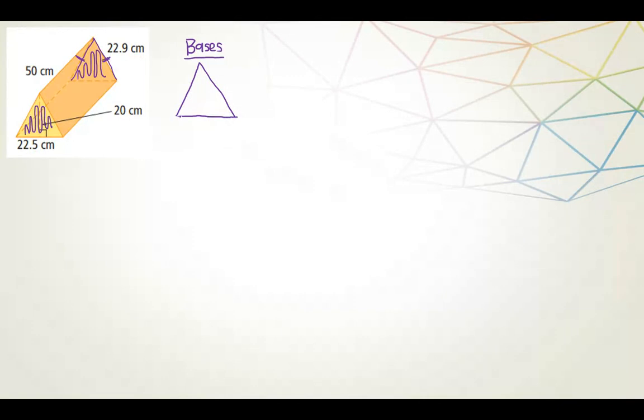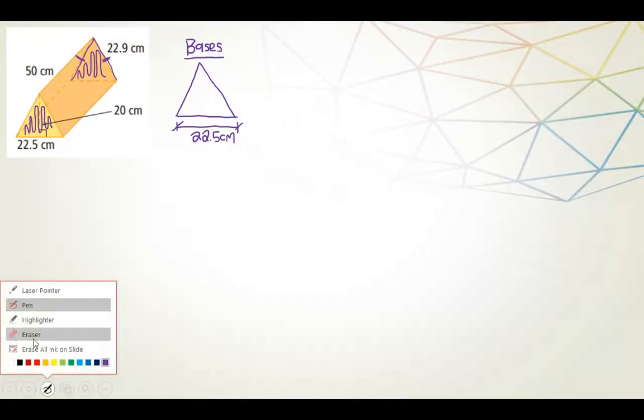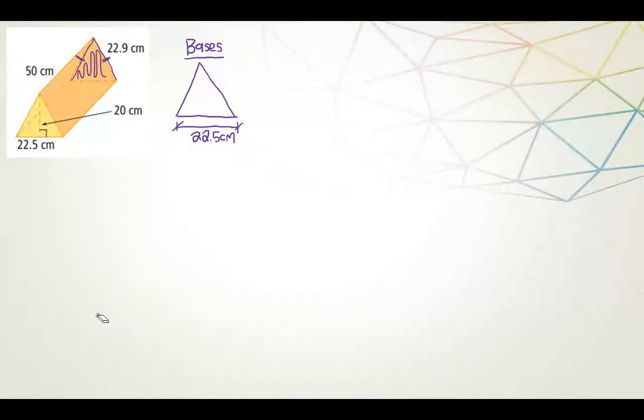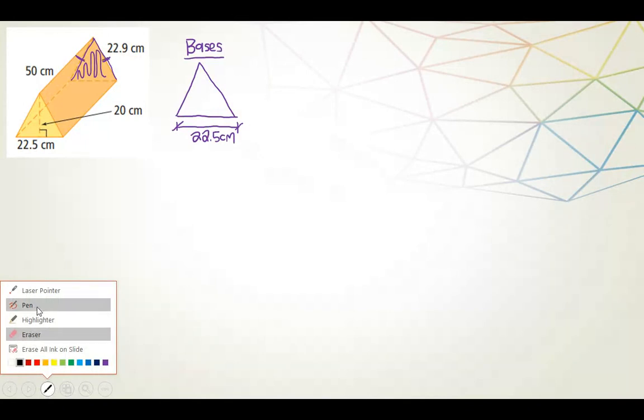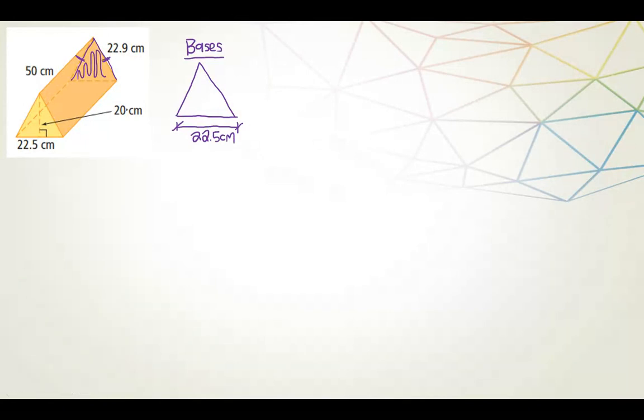The length of this base is 22.5 centimeters. Now, you seem to have a bit of an issue here because you might be wondering, what do I use for the height? Do you use this 20 centimeters or this side length, the 22.9 centimeters?